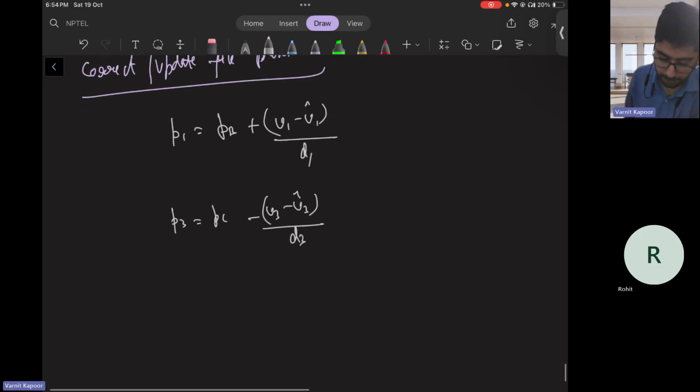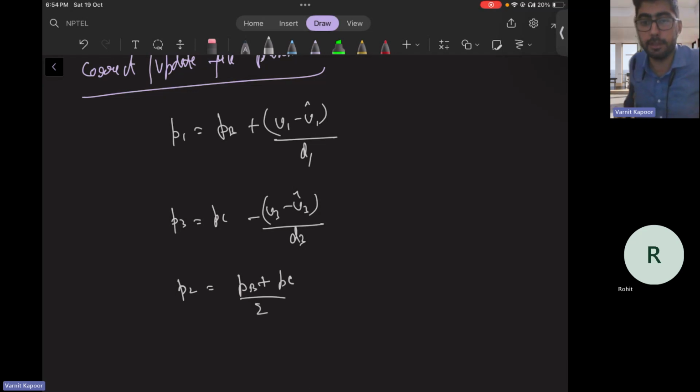Your P2 will be PB plus PC by 2, the updated pressure on the interior face from neighboring cell values.